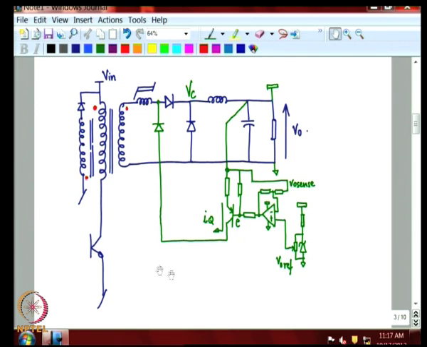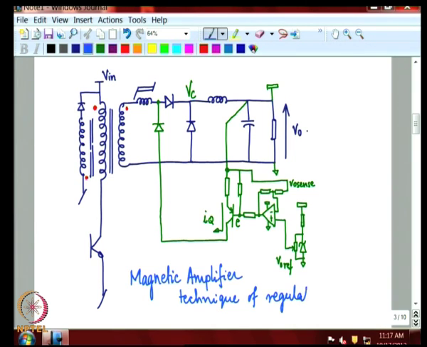So, this would be the complete circuit for a possible magnetic amplifier technique of regulation in the local loop.